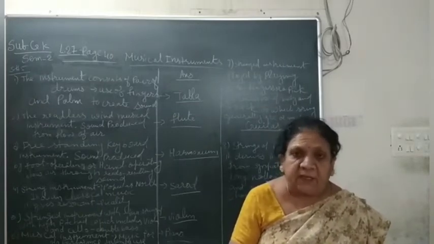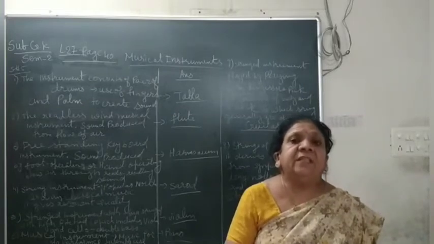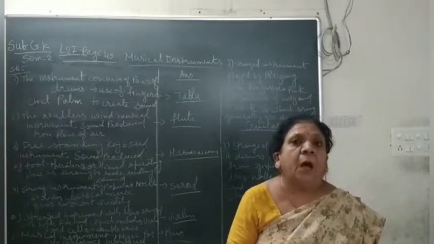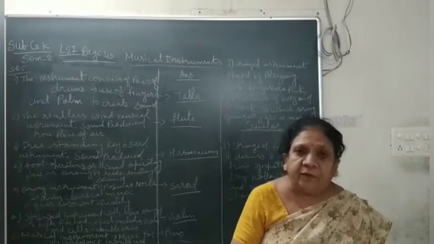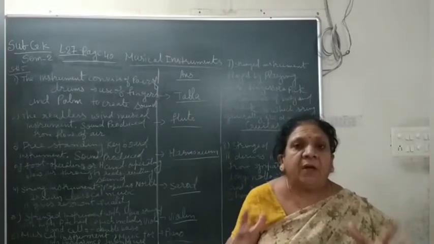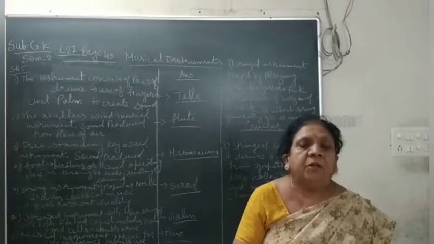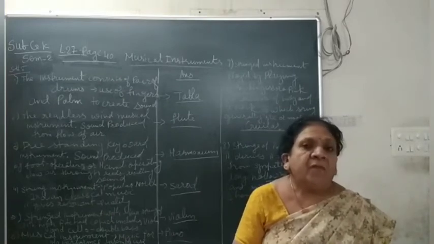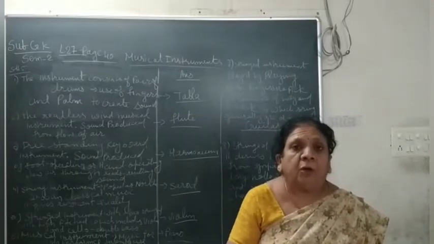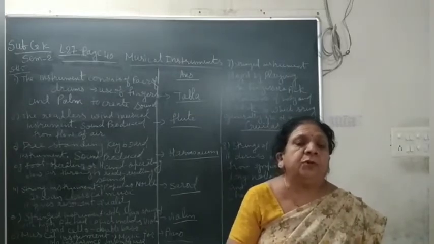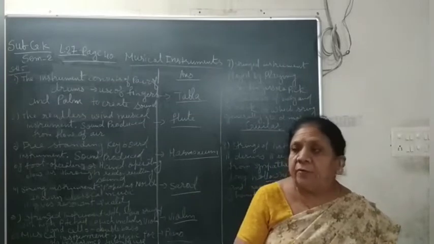You have seen many things. But we will see how the instruments work and what type they are, means on what they are played. Some we play using fingers and thumb, some we have to use the mouth, and different things we have to use.